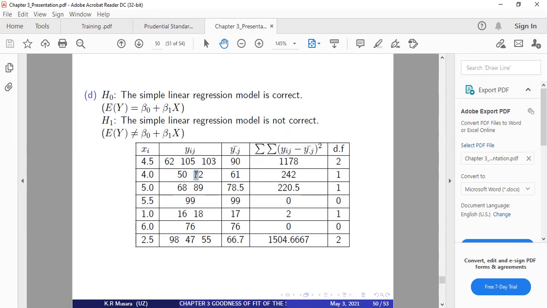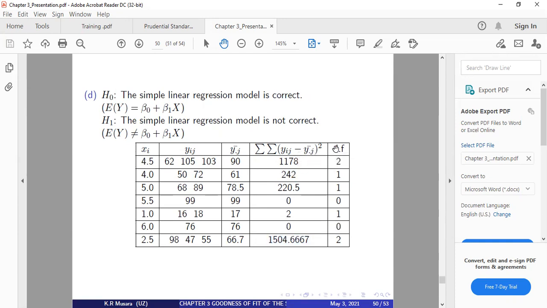Here you say 50 plus 52 divided by 2, you get 61. Then you get the summation of the squared differences. That means 62 minus 90 squared plus 105 minus 90 squared plus 103 minus 90 squared. Next, 50 minus 61 squared plus 72 minus 61 squared. So you do all the observations.